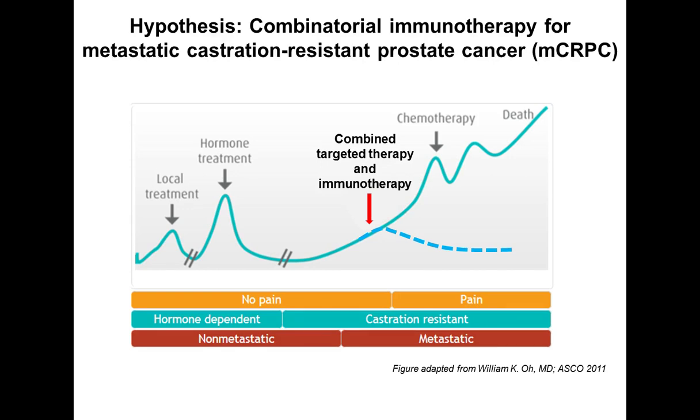And when the CRPC emerges, the tumor can be treated with chemotherapy, such as some taxane-based therapies, but they only have very short-term benefit for the tumor, and eventually a lot of patients die from the CRPC disease.